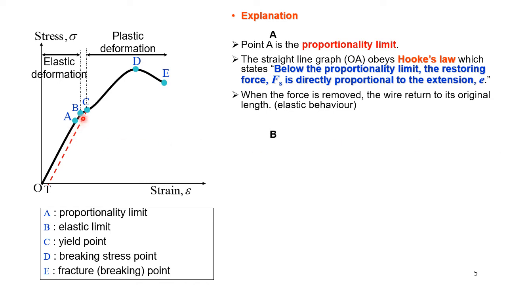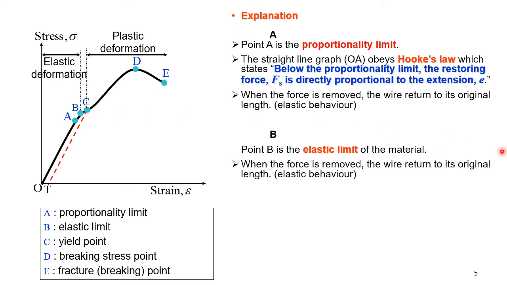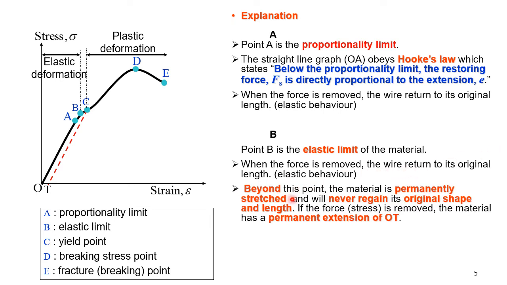This is point B. Point B is the elastic limit of the material. When the force is removed, the wire returns to its original length, still in elastic behavior, before point B. Beyond this point, the material is permanently stretched and will never regain its original shape and length.